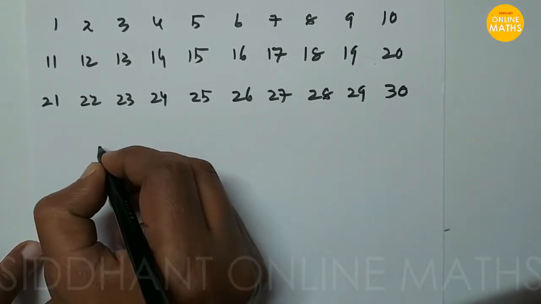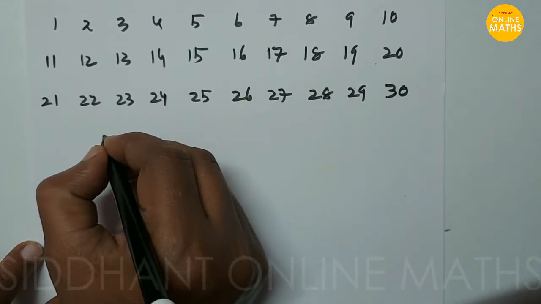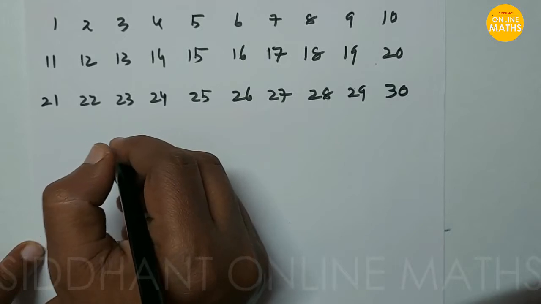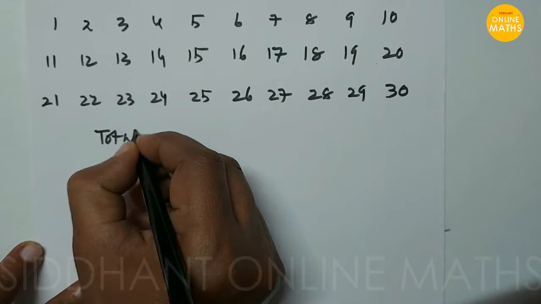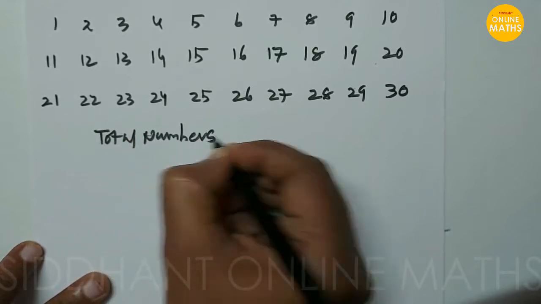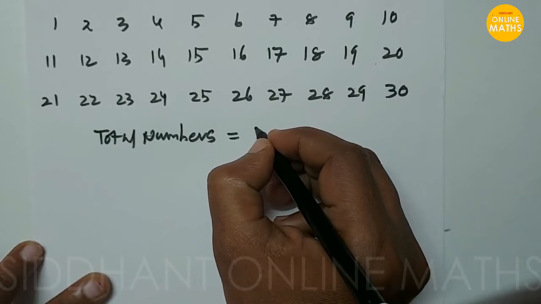Whenever you are going to see the numbers, the numbers will be a combination of prime numbers and composite numbers. Suppose total numbers are there here. So it is a combination of prime numbers and composite numbers.